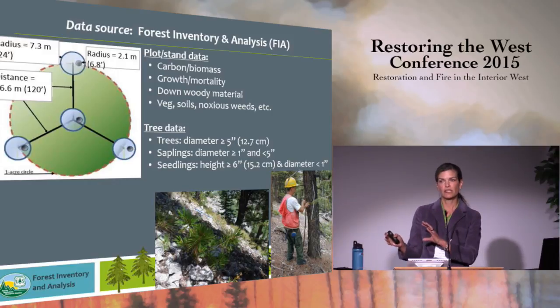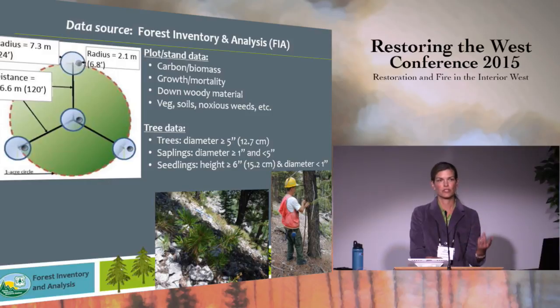On each of our 4 subplots, we also have what we call microplots, where we measure regeneration. So we're looking at seedlings and saplings. And here you can see in the tree data the size categories that we use to distinguish trees, seedlings, and saplings.